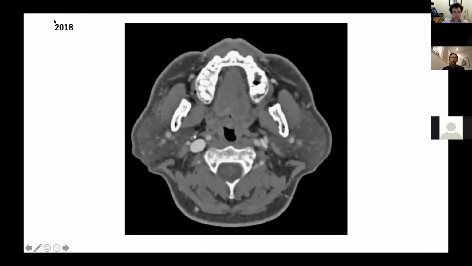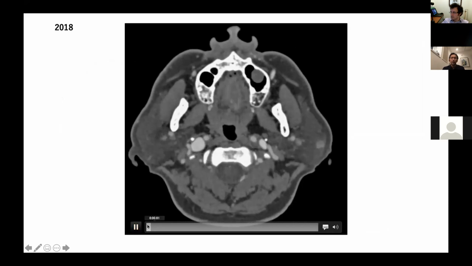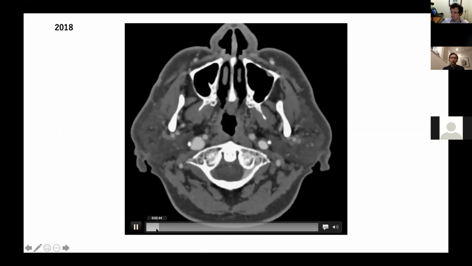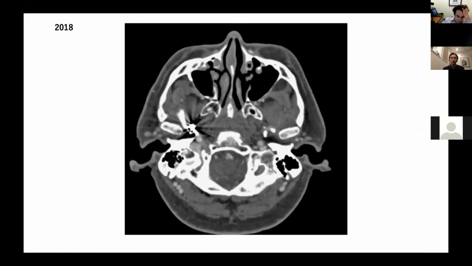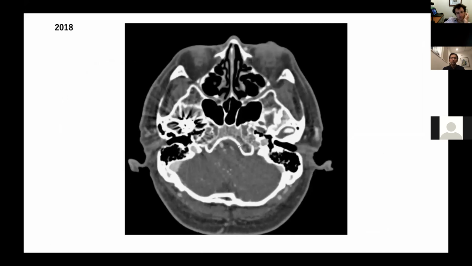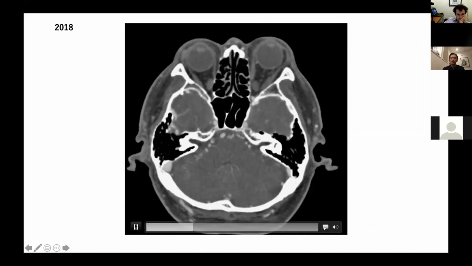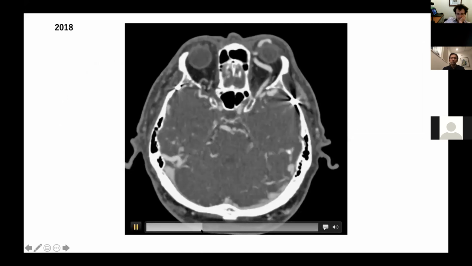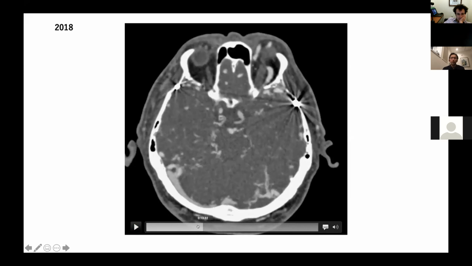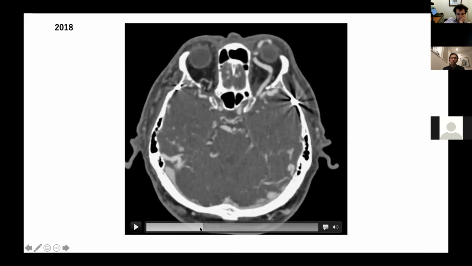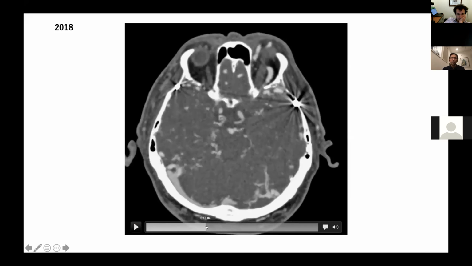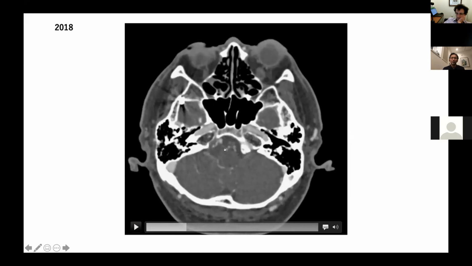So this is in 2018 when he was referred to us. You can see through this contrast enhanced CT for the whole system. I would like you to concentrate on the veins. You can see the dilated veins in the orbit and probably almost everywhere, but we don't see a lot in the posterior fossa, maybe some dilatation.